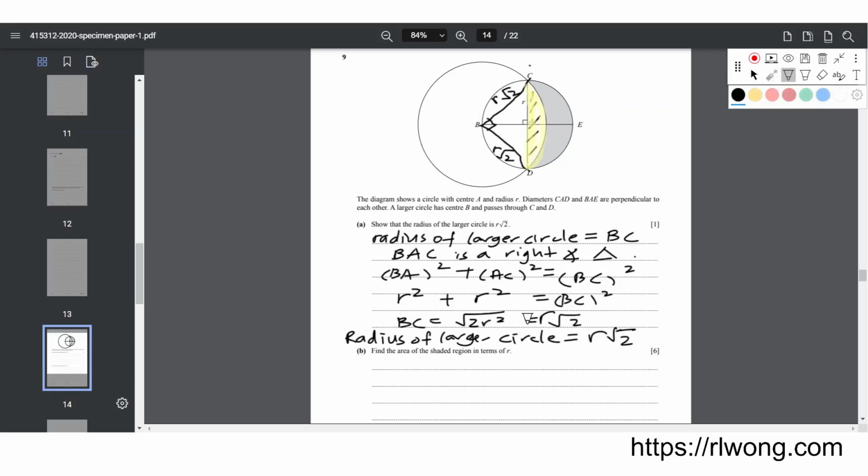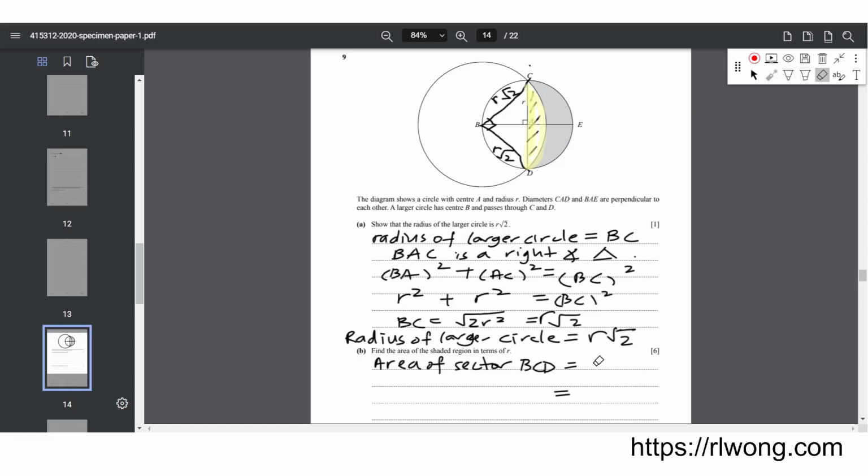Okay, so let's find the area of sector BCD. So I know that I'm going to use half r squared theta. Okay, and this r here is not r, in fact it is r root 2.